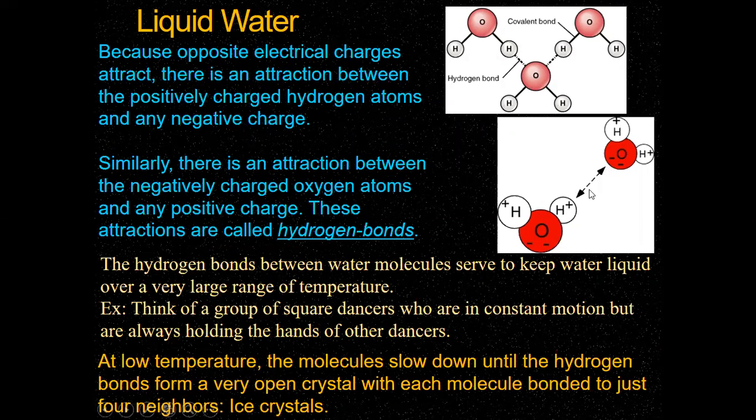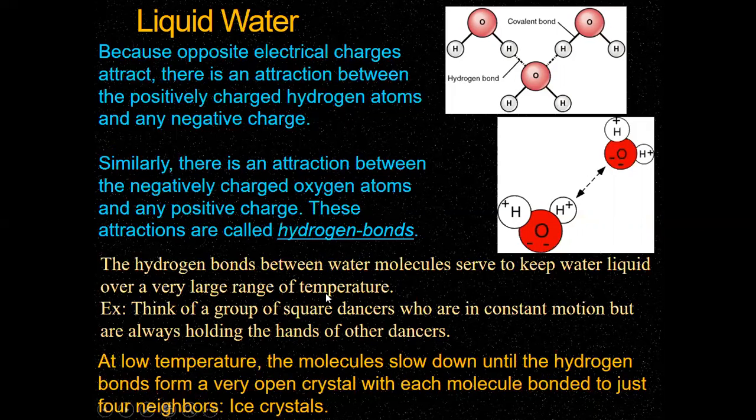So a hydrogen on one water molecule can attach to the oxygen of another. As I mentioned earlier, this gives the possibility to create a chain of water molecules. Similarly, there's another attraction between the negatively charged oxygen atom and any positively charged atom. So closely there's a hydrogen, and they will bond together and create a hydrogen bond.